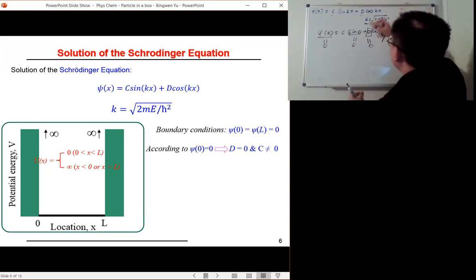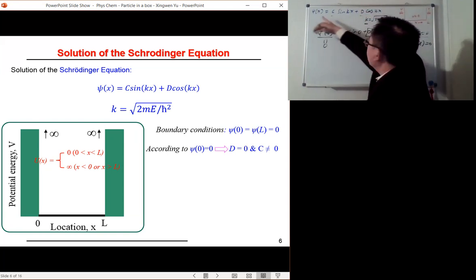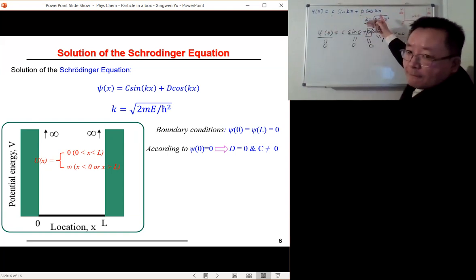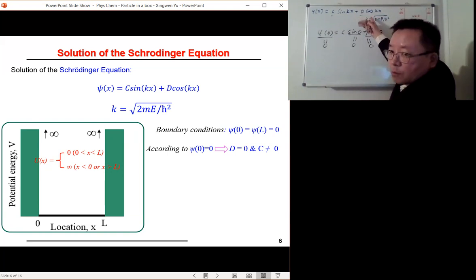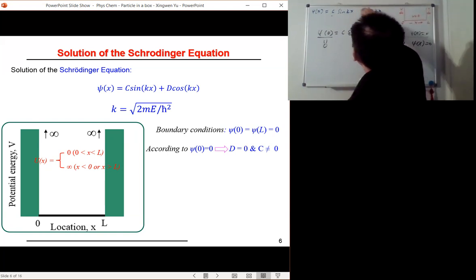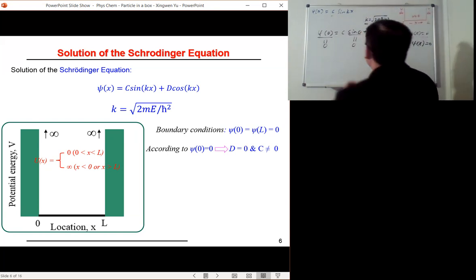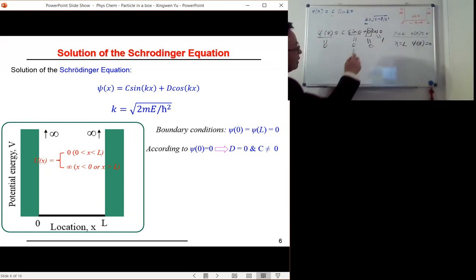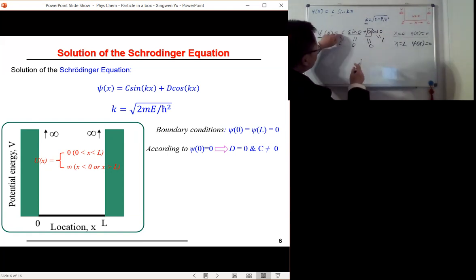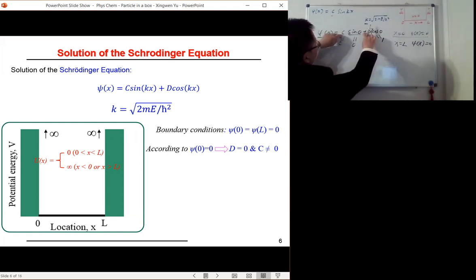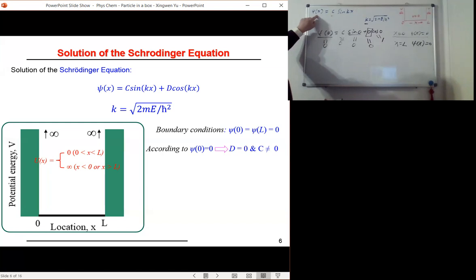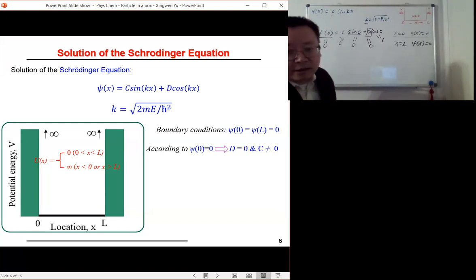So we can remove the second term of this wave function. If D is 0, C must not be 0, because if both C and D are 0, the wave function will be 0 everywhere, which does not make any sense.